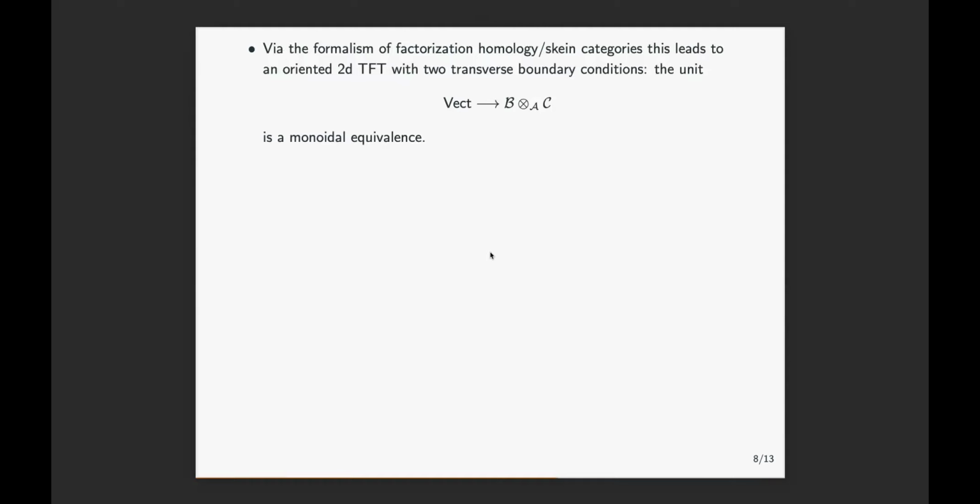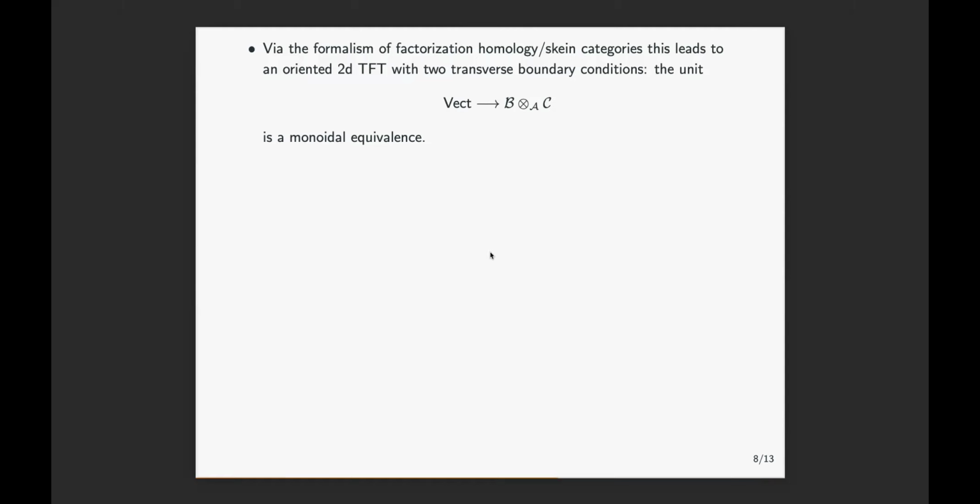Anyway, so long story short, whatever the technical details are, the important thing is that this is exactly the kind of algebraic input you need to define a two-dimensional TFT with two colored boundary conditions. So the way you do that is to use the formalism of either factorization homology, as in Daniel's talk, or perhaps more familiar to some of you, the notion of scaling categories.